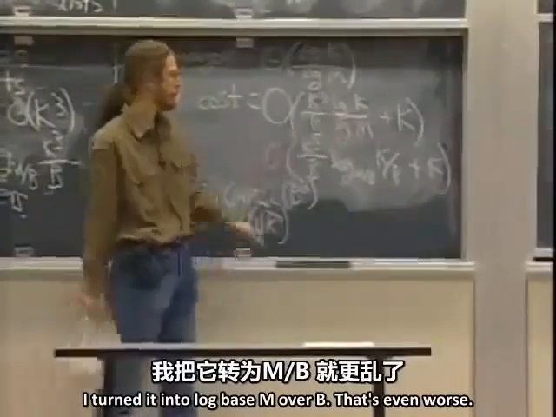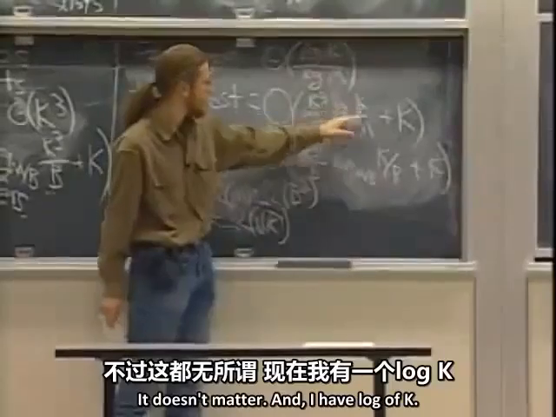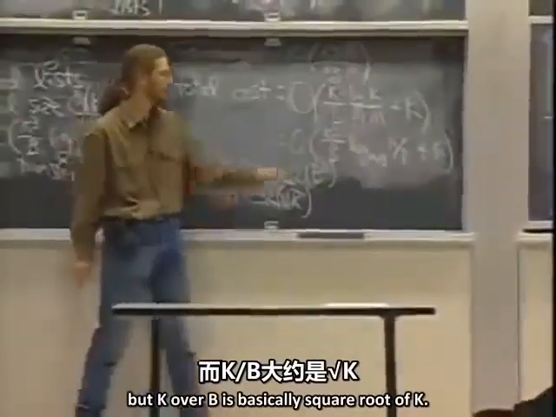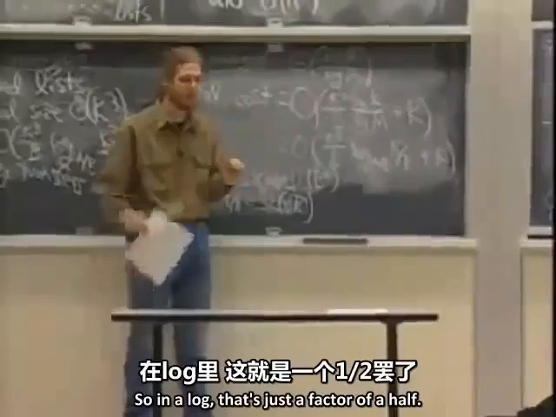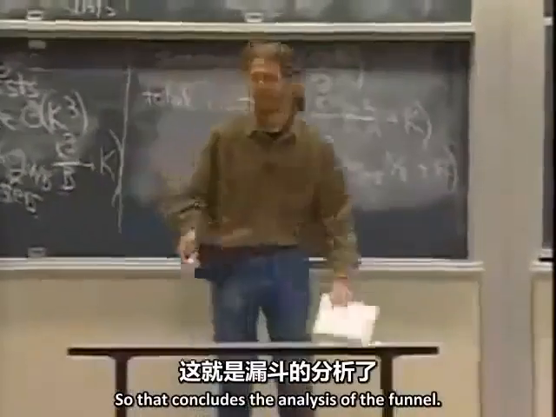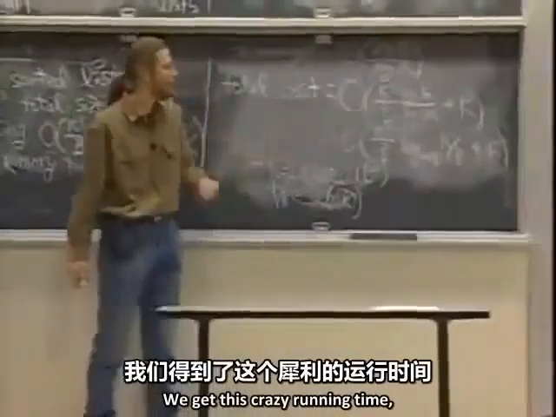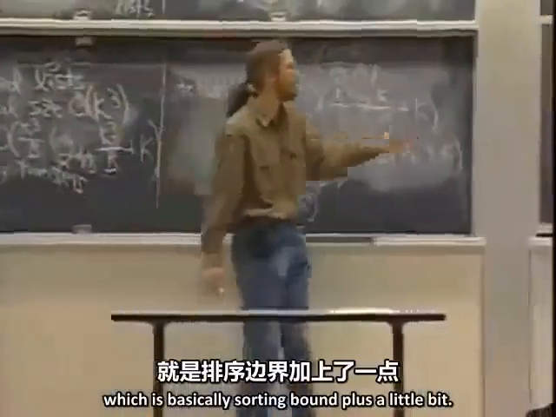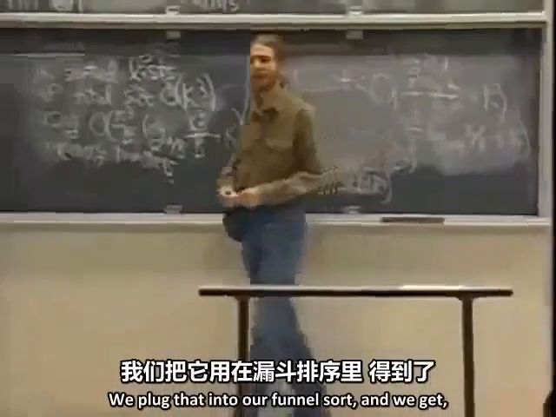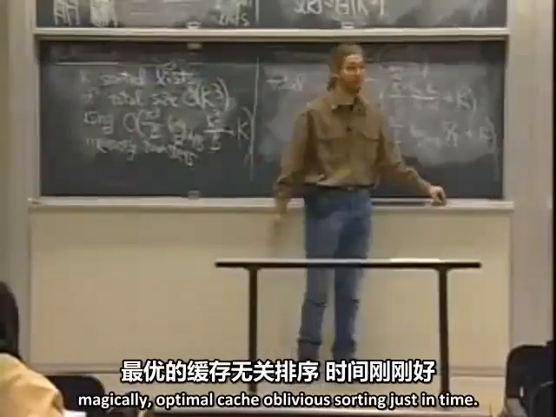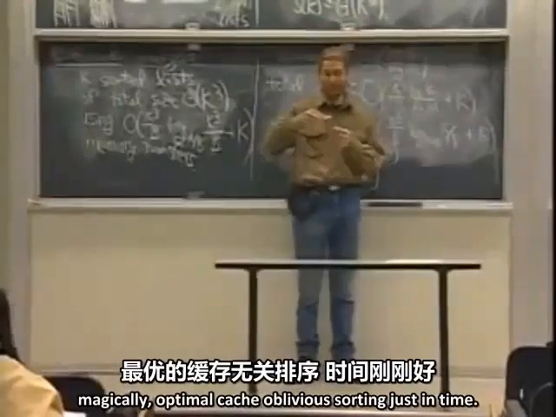That's even worse. Doesn't matter. And I have log of k; I replaced it with k over b. But k over b is basically square root of k, so in a log, that's just a factor of a half. Whew. So that concludes the analysis of the funnel. You get this crazy running time, which is basically sorting bound plus a little bit. We plug that into our funnel sort, and we get, magically, optimal cache oblivious sorting just in time.